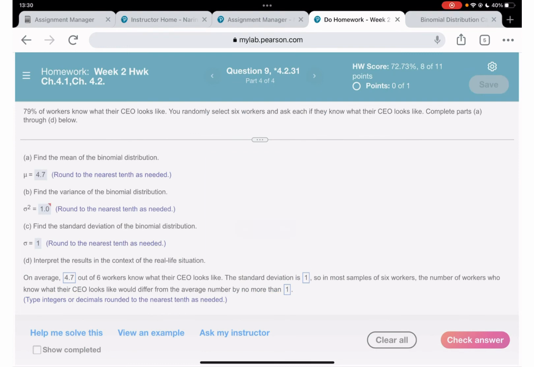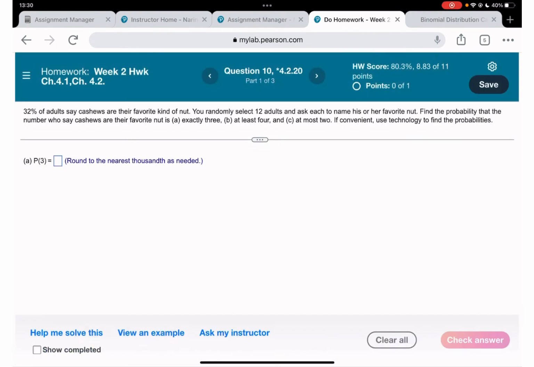Okay. I'll just place the numbers I had already solved. Okay, 32%, it's also a binomial distribution, which is 0.32. Okay, total 12 adults, and how many, exactly three. Okay, X is 3, N is 12, and probability of success 0.32.